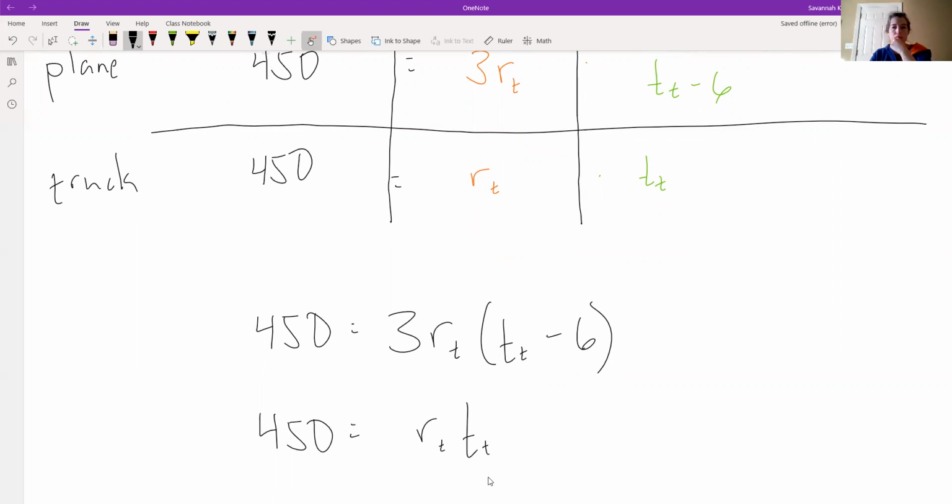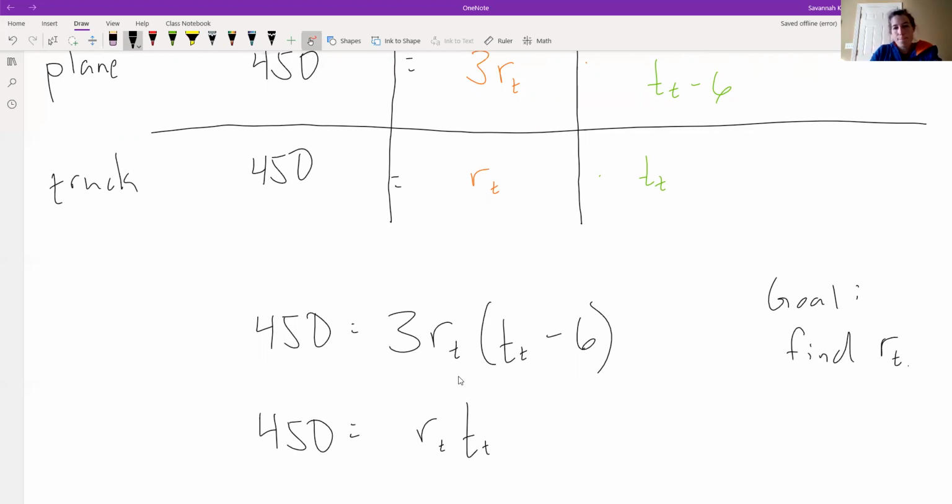Okay, now, here's where a choice arises. What they want out of me is the speed of the truck, RT.